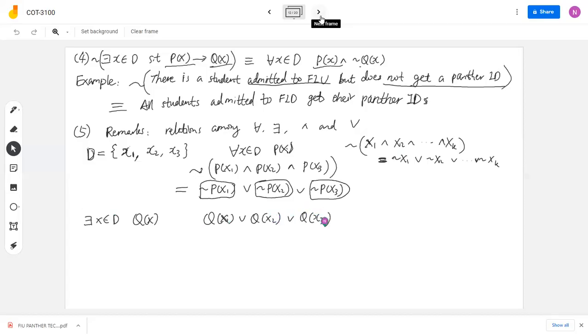Now if you want to negate this statement, by De Morgan's law you get not Qx1 and not Qx2 and not Qx3. Of course, this is equivalent to saying for all x in D, not Qx.